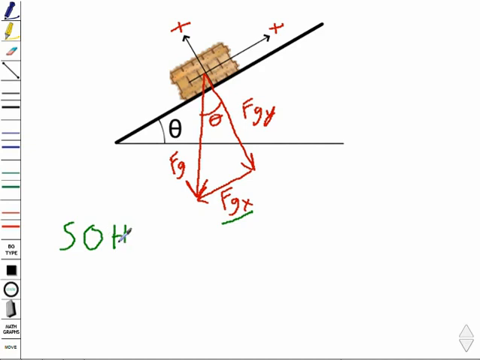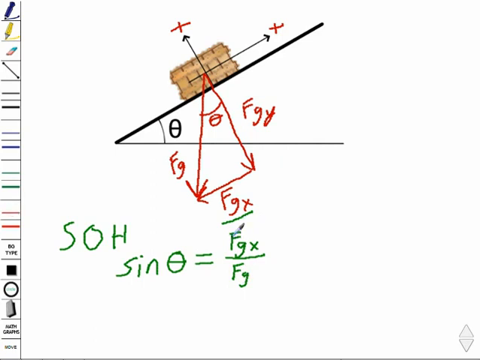Sine is opposite over hypotenuse. So we've got sine of our angle, theta, equals the opposite side, f sub g sub x, divided by our hypotenuse, which in this case is our weight, f sub g.